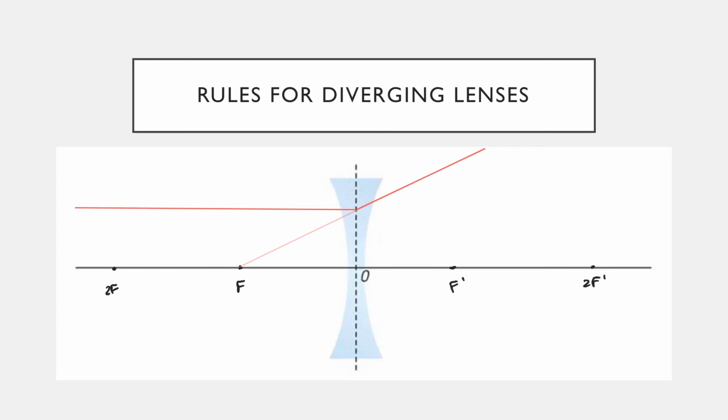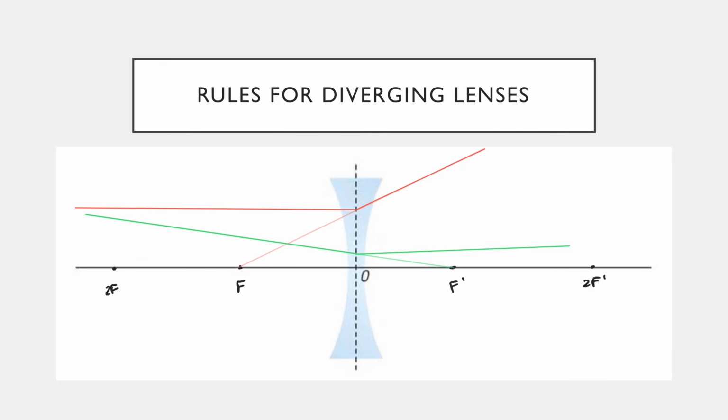For the second line we're going to draw, we're going to have the light coming in, but headed towards F prime. So we're going to pretend as though the light is going to pass to F prime, but of course we know that that's not going to be the case. So what we're going to do now instead is redraw the portion on the left with a solid line, and we're going to then extend that parallel to the principal axis.